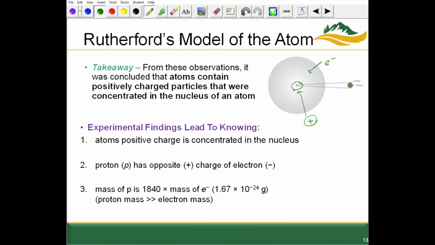So at this point, Rutherford is able to say the charge of an electron is negative, and what's in the middle is something that's positively charged, which is the proton. What else did the scientists know at this point? The mass of a proton that's positively charged is much, much, much greater than the mass of an electron that's negatively charged.